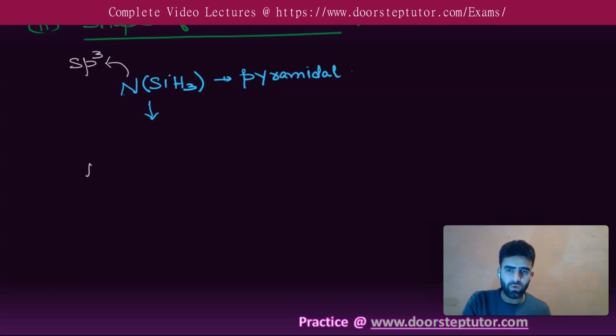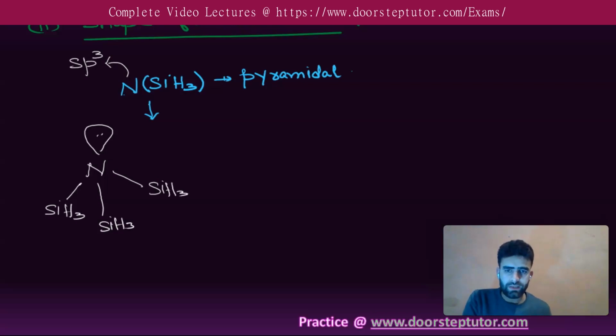So the molecule should have this type of shape. This is nitrogen and these are silicon with 3 hydrogens each.